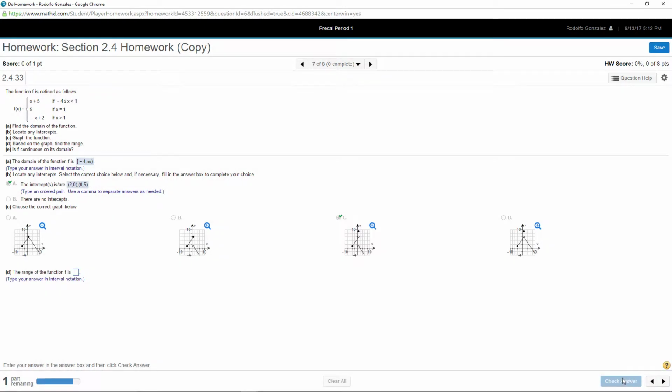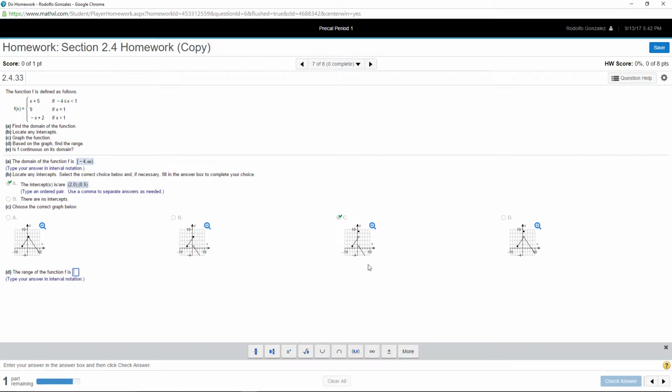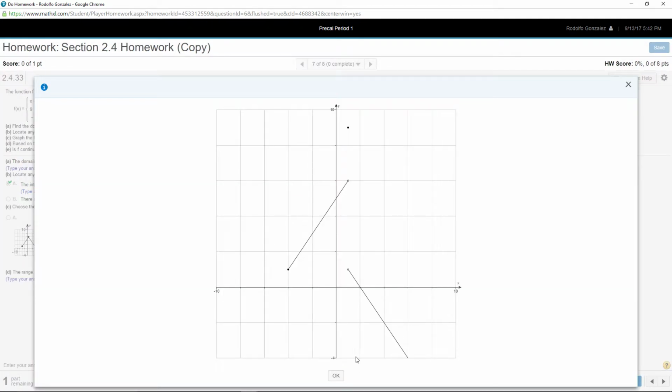Find the range. So here we just got to look at the range. So in other words, what's our lowest value to our highest value, right? And then keep in mind that we have a point. So then our lowest value would be negative infinity. So our range goes from negative infinity.